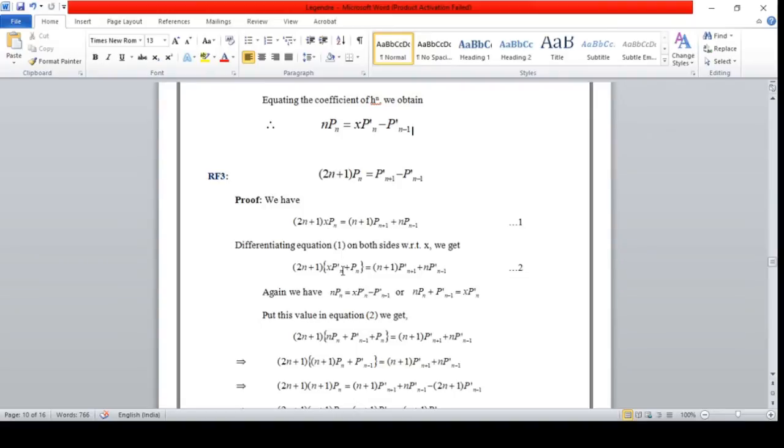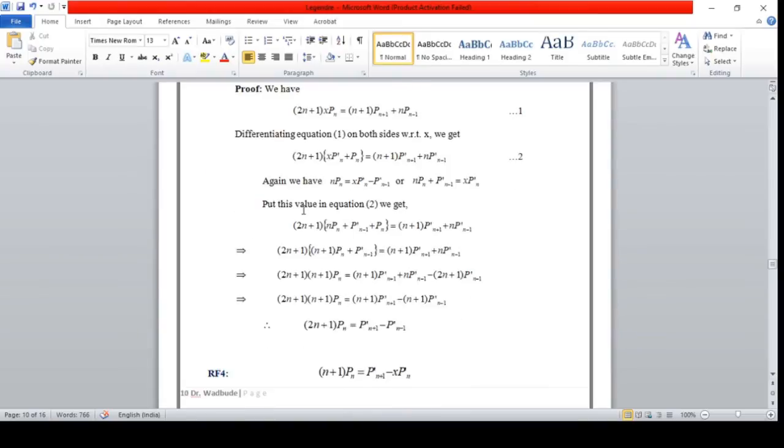the derivative of x means 1, this is the derivative, is equal to n plus 1, again constant, P, this is the derivative, and here again the derivative. Again we have n Pn equal to the second recurrence formula, x P dash n minus P dash n minus 1.